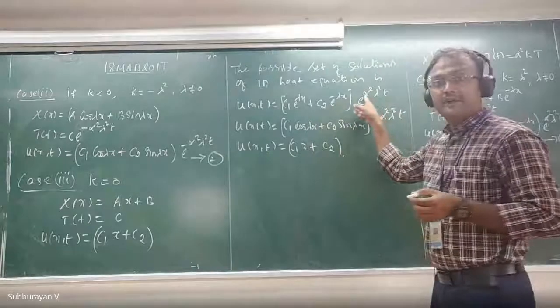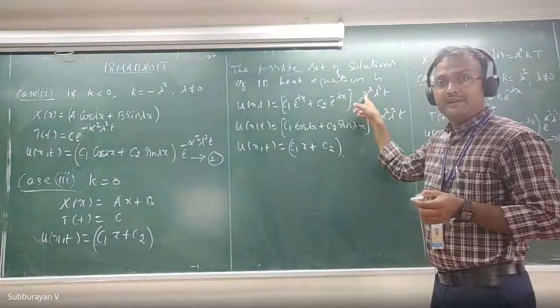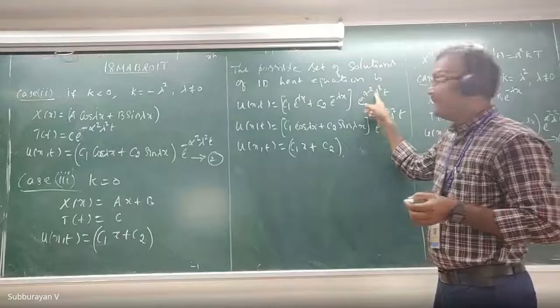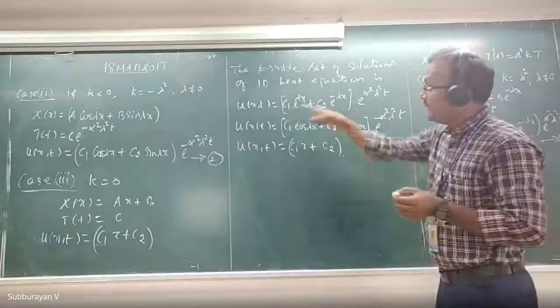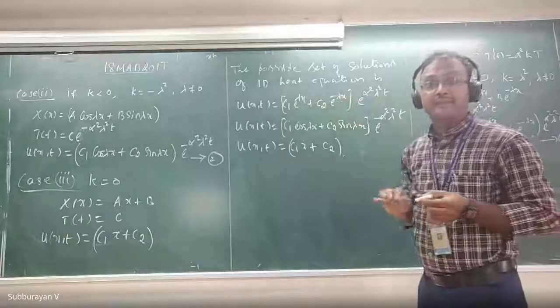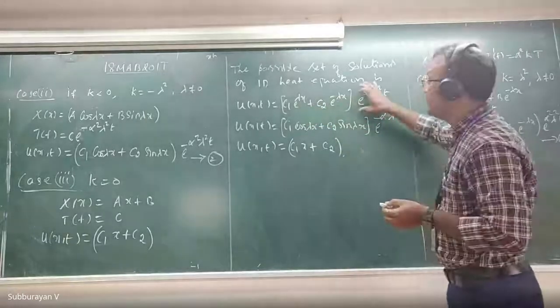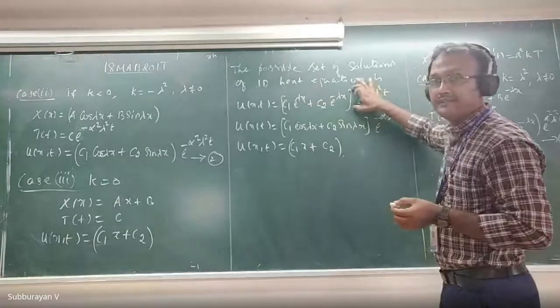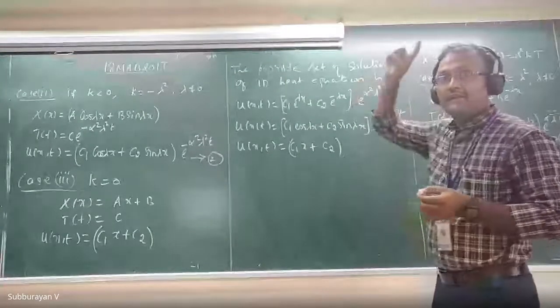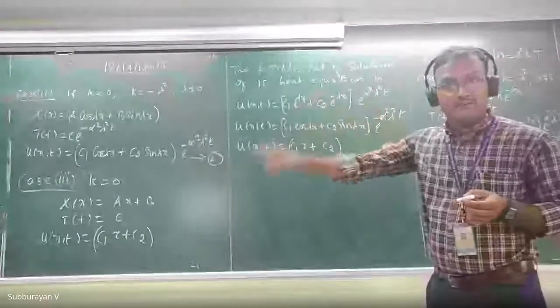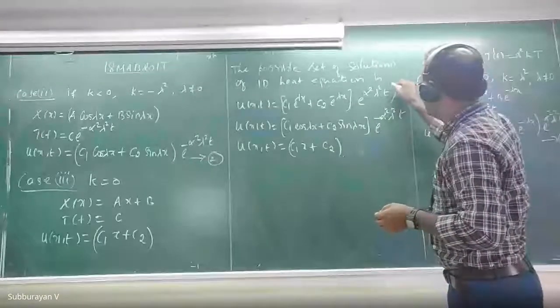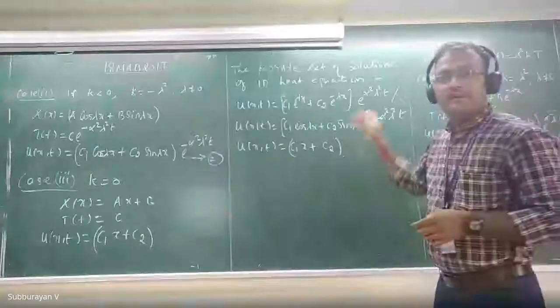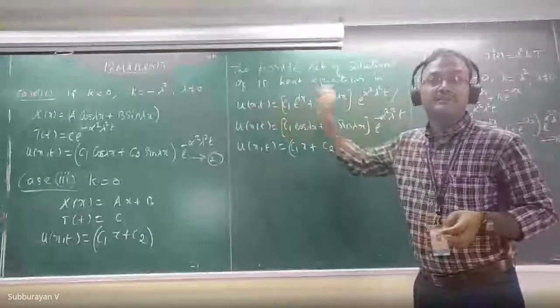Alpha square is a positive quantity, lambda square is a positive quantity. Therefore, if we allow t tends to infinity, then u tends to infinity. Therefore, this is not representing such a situation, where the temperature goes to 0 when time goes to infinity. So this solution is ruled out. Hence, this is not a suitable solution.